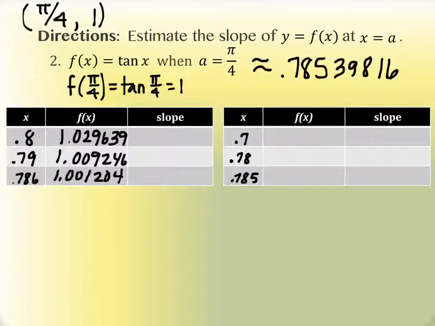What can you tell me about those y values? They're getting closer to 1. And is that a reasonable thing to think would happen? Yes. Does it always happen? No, but it is reasonable that that would be happening.